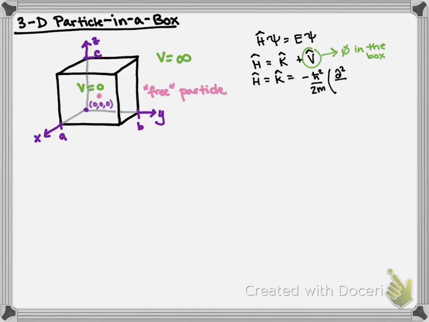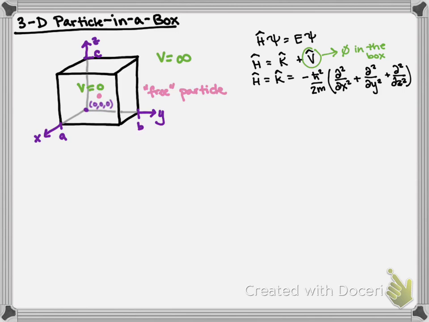If we think back to our one-dimensional particle in a box, we defined the kinetic energy operator as negative h bar squared over 2 times the mass of the particle times the second derivative with respect to x, because the particle was moving only along the x dimension, along the line. However, now we have a three-dimensional box, and so our particle can move in all 3 dimensions, x, y, and z.